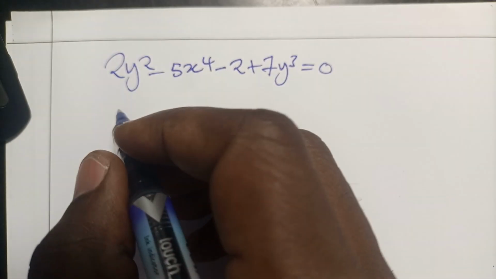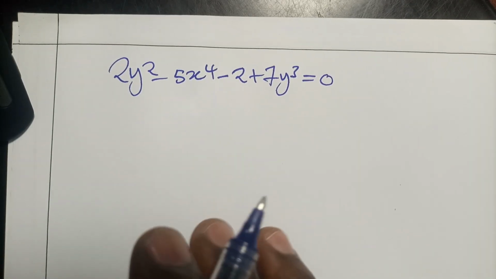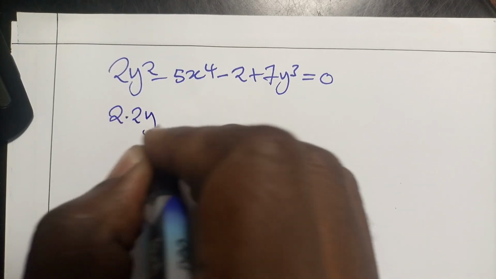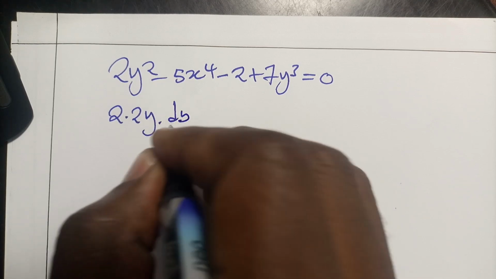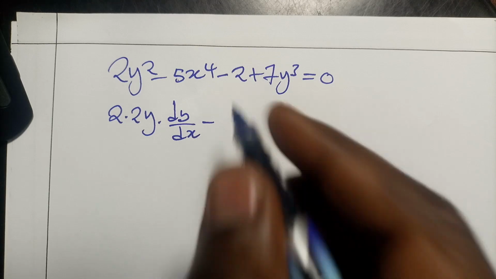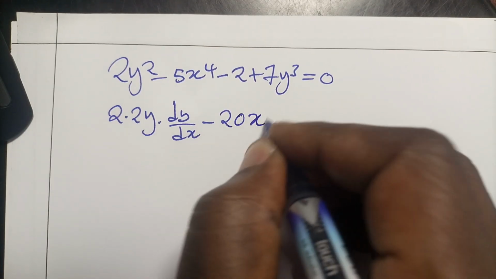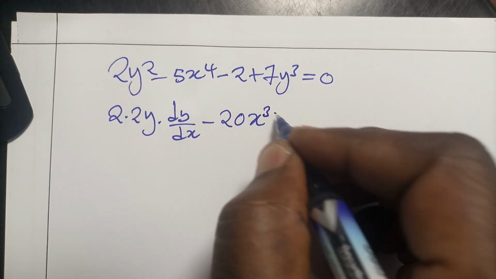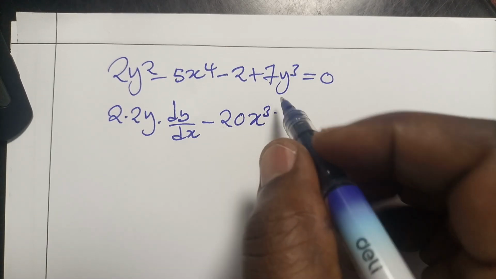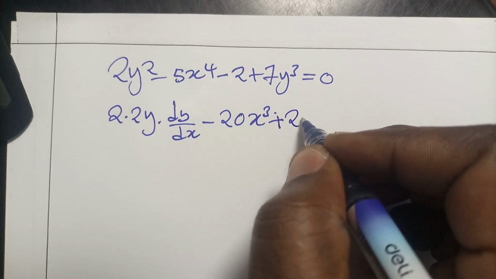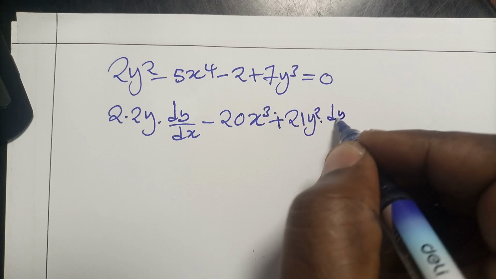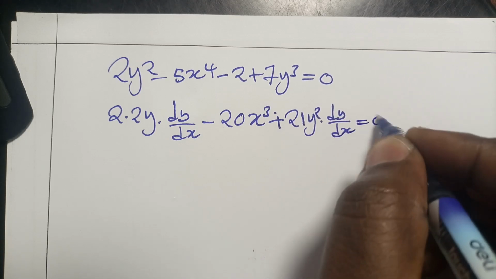You're going to have 2 times 2y dy/dx, plus minus the power times the coefficient, you get a 20, reduce the power by 1, you get 3, derivative of a constant is 0, then plus 21y to the power 2 dy/dx.